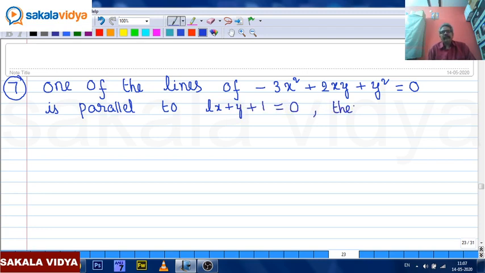Then what is the value of L? First option 0, second option 1, third option 2, fourth option minus 1.